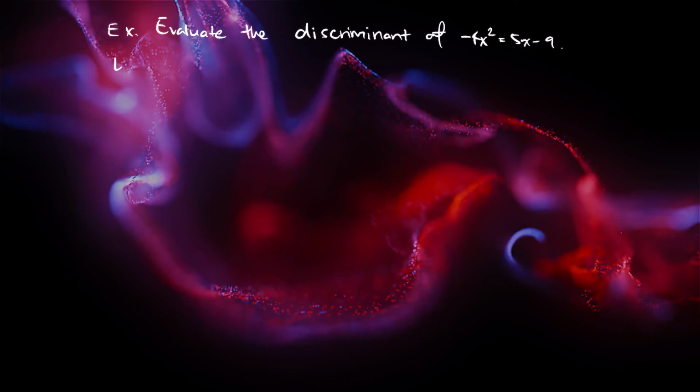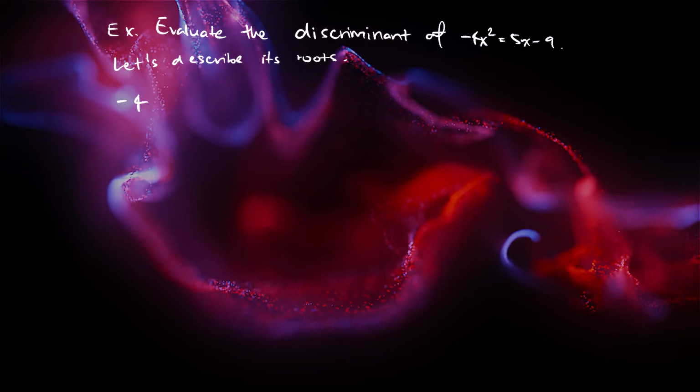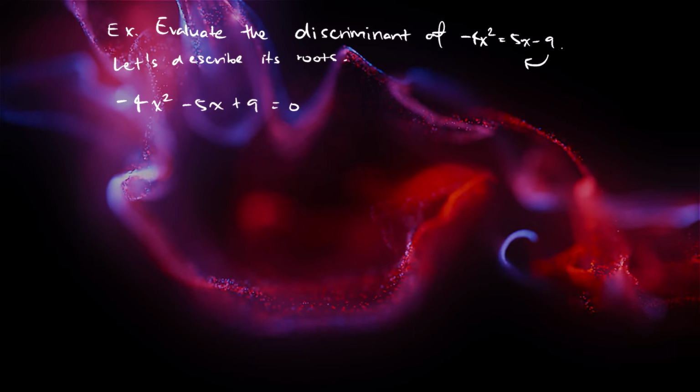And after we do that, let's describe its roots. First of all, we need to get this into ax squared plus bx plus c equals 0 form. So we'll have negative 4x squared minus 5x plus 9 is equal to 0. I just move everything to the left-hand side.